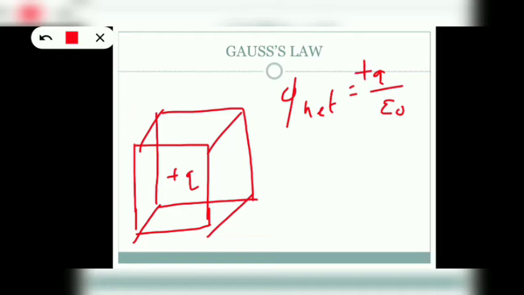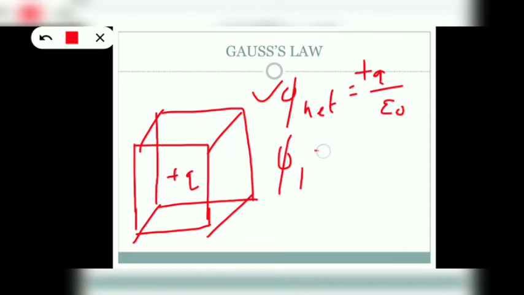But what if I ask you about the flux passing through any one face of the cube? Here we have calculated phi net, but this phi net is the total flux passing through the whole cube. But what is the total flux passing through any one face of the cube? So if such a situation arises, we need to use this formula.